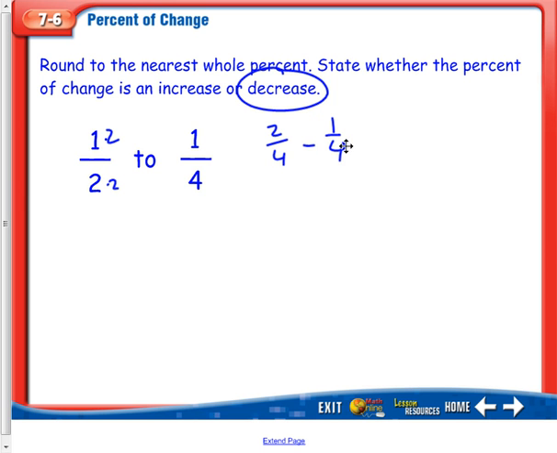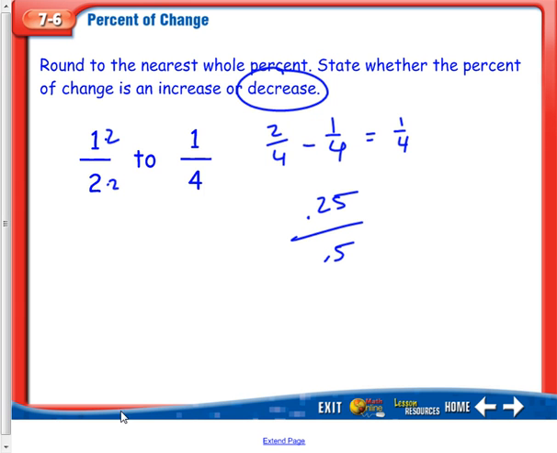and so we have that over there. So we're going to have a change of 1/4. Okay, and so when we do a change of 1/4, then we gotta divide, right? So let's go ahead and convert these to decimals. So we'll go 0.25 divided by 0.5.